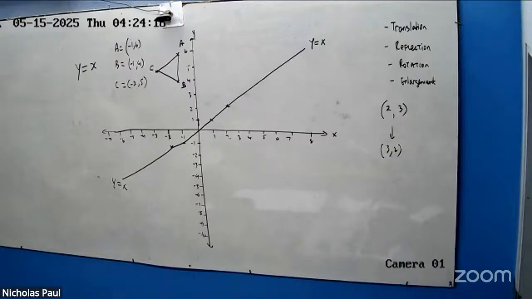Label it for the A double prime. When you reflect minus one.